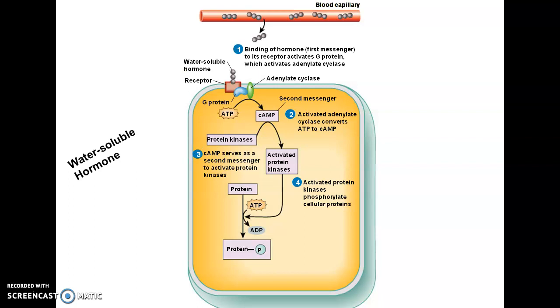Before we move in detail, we should be very clear that in a cell, most of the enzymes will be in an inactive form, and they are activated only when the role of that particular enzyme is required. So here cyclic AMP will activate another enzyme known as protein kinase, into an activated protein kinase.